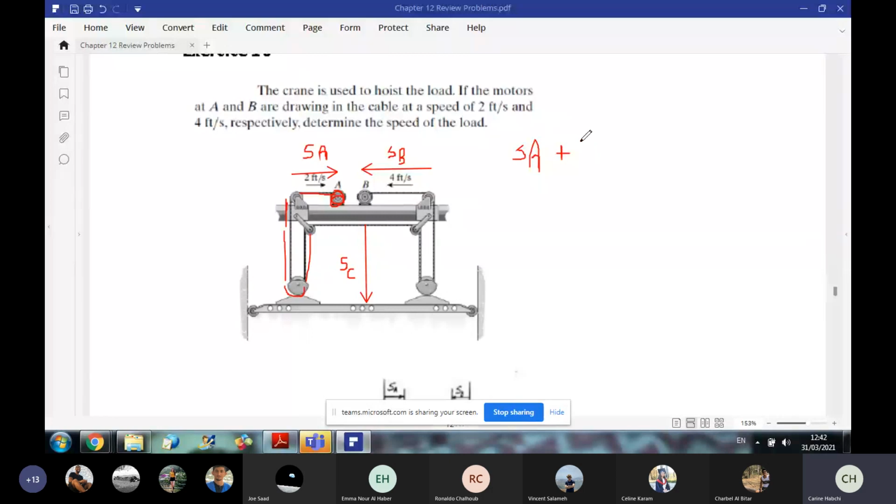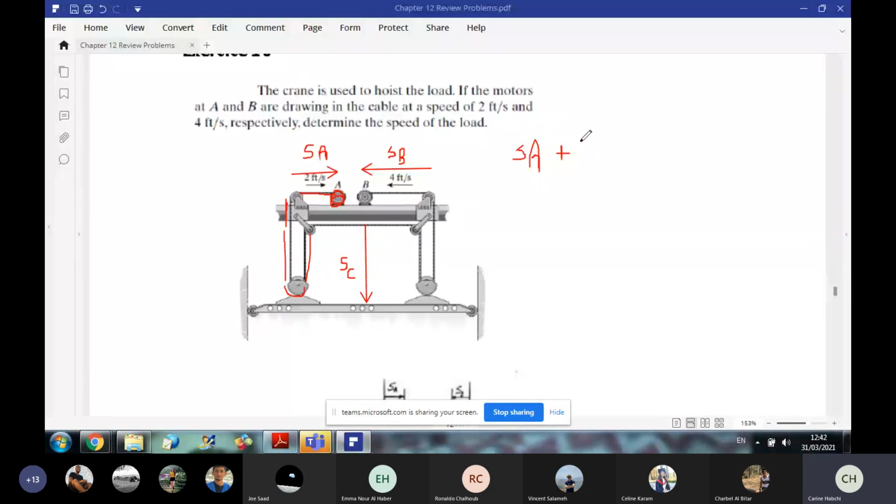Now, we know one of these. We know that delta SC is -4. Another piece of information that we know is the acceleration of motor A is given as 0.2 t, and they also give us that it's equal to the acceleration of motor B. We have the system starting from rest, and the acceleration is equal for A and B, equal to 0.2 t.